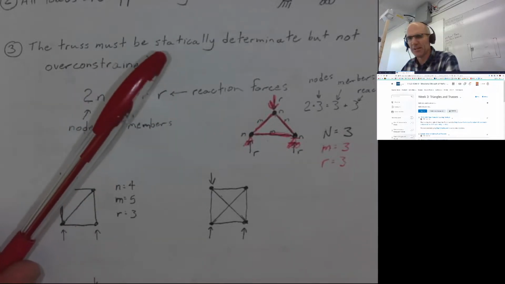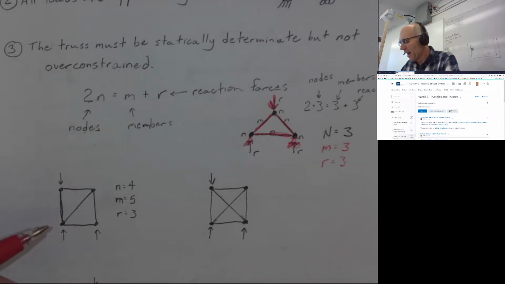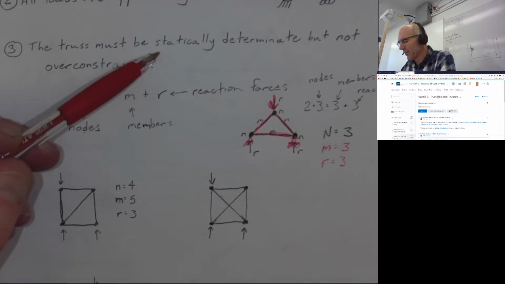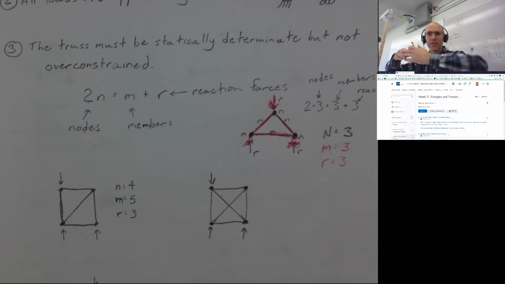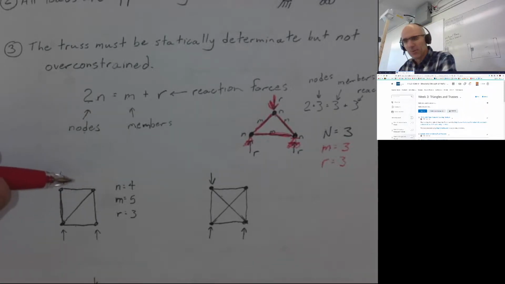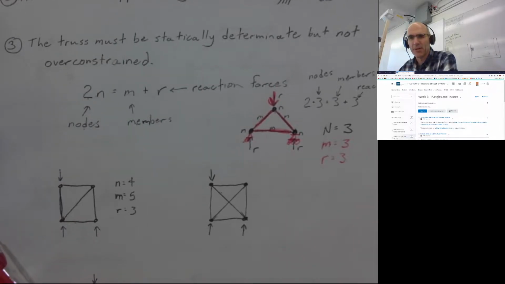Actually, the statically indeterminate ones are pretty hard to solve because they tend to collapse and they don't actually work. So what we mean by statically determinate is it has to be capable of standing up. You can't have floppy joints that aren't braced and that are going to fall apart. Okay, so we'll take a look at some indeterminate and some overconstrained situations down below here.